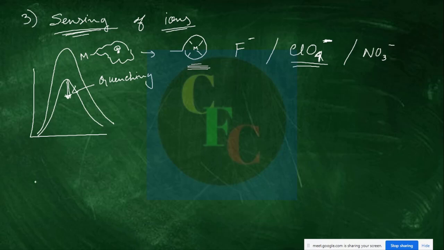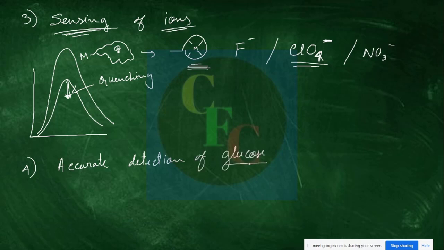Okay. Another important part is the accurate detection of glucose. Now there are fluorescence sensors which can sense glucose also. This is very important.